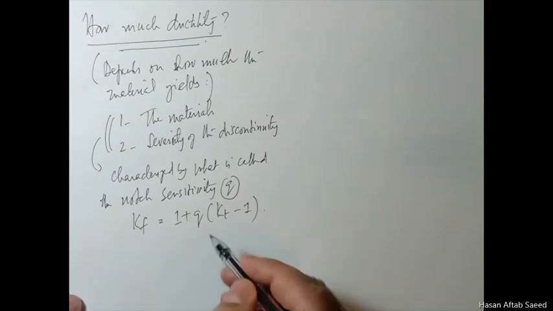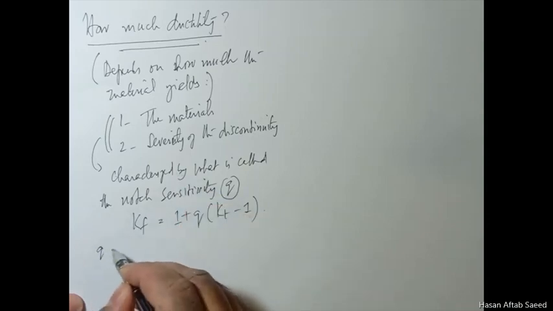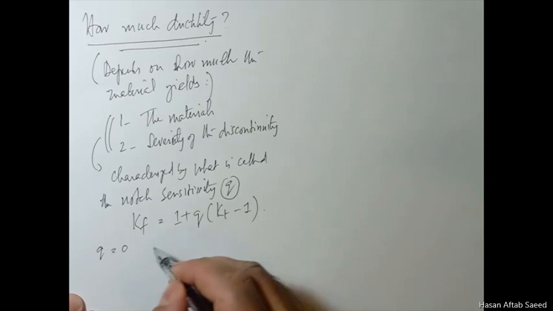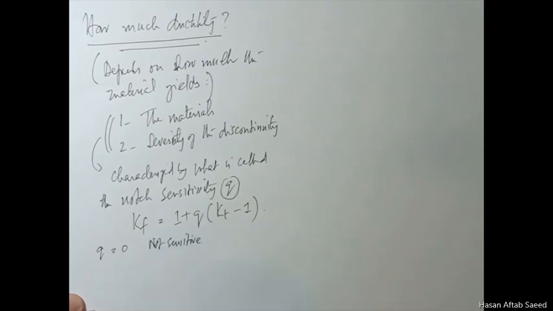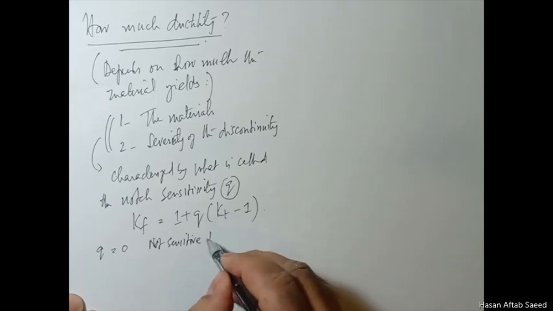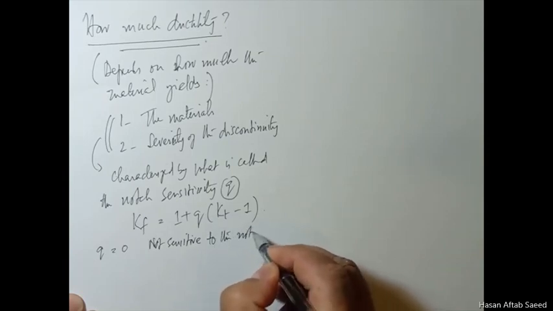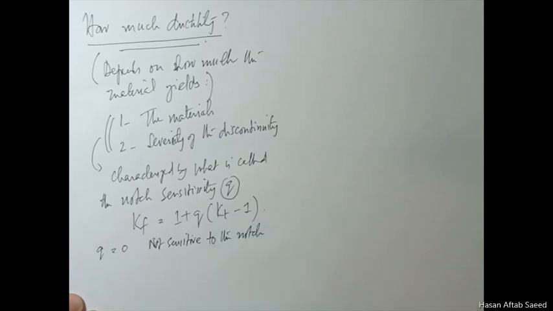Now, what does this Q mean? Q has two limiting conditions. Q is equal to 0 means the material is not sensitive to the notch, and by notch I mean all the holes and the section changes and everything at all.